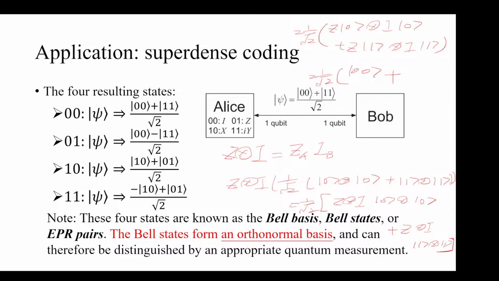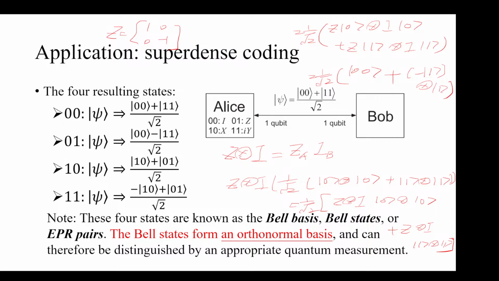And then plus the second part. Okay, so Z on 1. Now this is a little bit funny. That's minus 1 times 1, where the minus 1 is a scalar. Remember Z is the matrix 1, 0, 0, minus 1. So Z on 1 is 1 with a minus sign, minus 1, tensor 1.